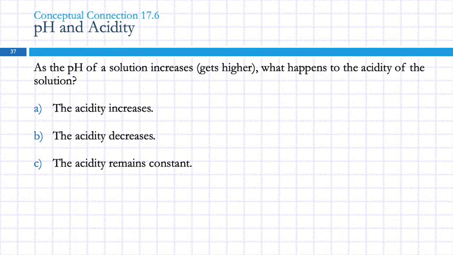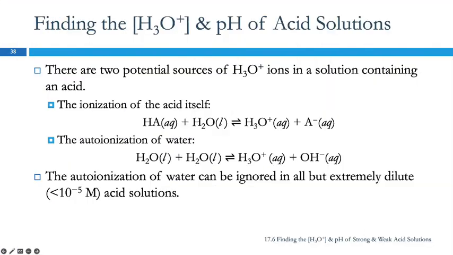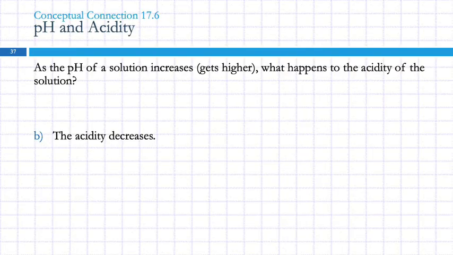It decreases. High pH is low acid. And there could very well be questions along those lines on an exam. And the best thing to do is just to actually talk to yourself in your head. Right? Don't just jump at numbers.